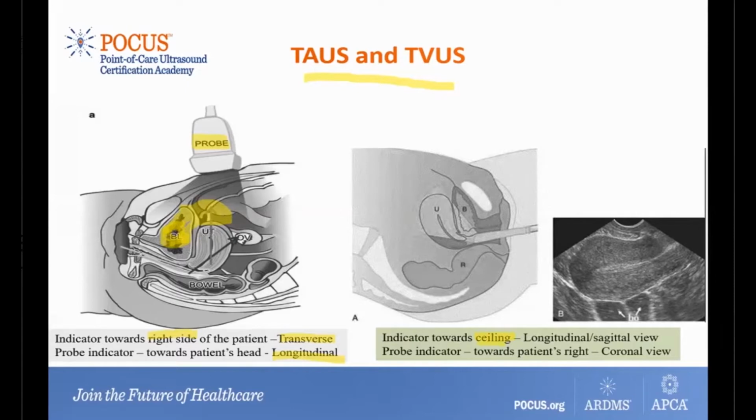When you are performing the coronal view, we will have the probe marker pointing towards the patient's right side. That would be achieved by performing a mid-longitudinal or sagittal view, and then simply turning the probe 90 degrees counterclockwise to obtain the coronal view.